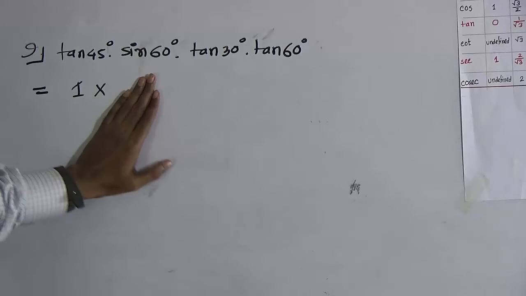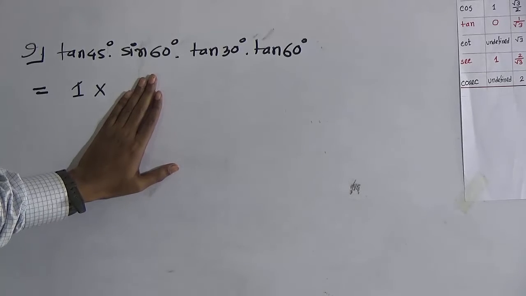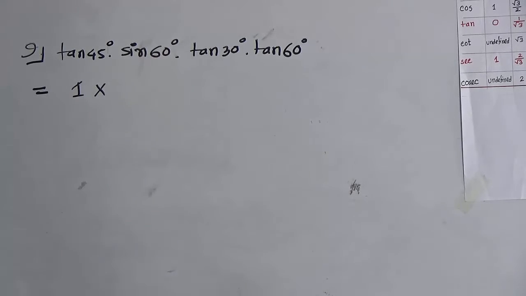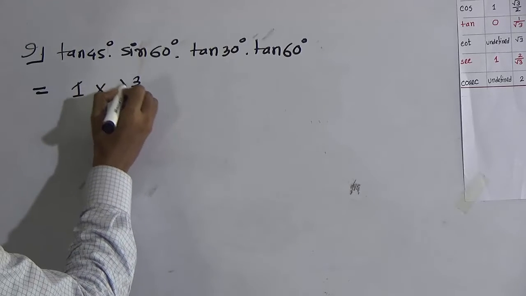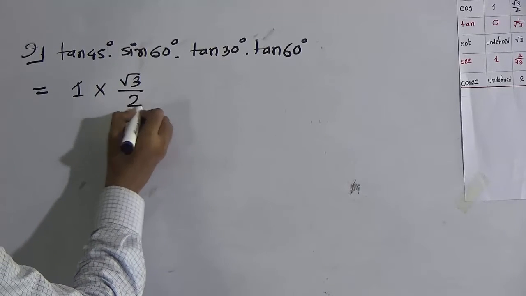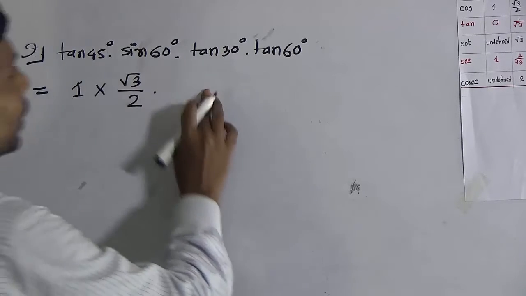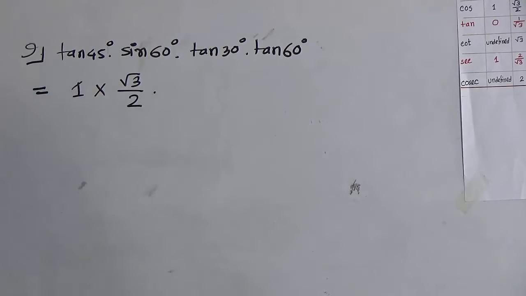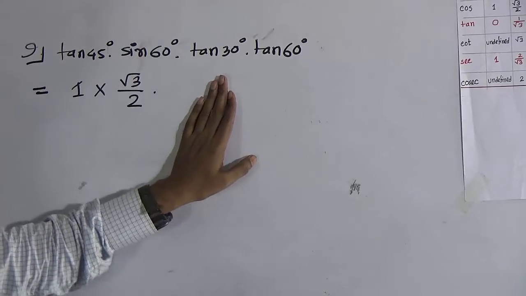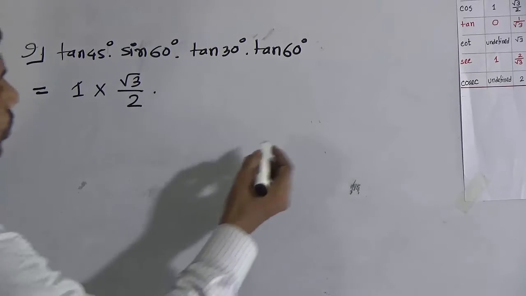You memorize because this is the first series of the table. Sin 60 degree equal to what? Root 3 by 2. And remember sin 30 degree equal to what? 1 by 2. Tan 30 degree equal to what? Suppose we don't know the value of tan 30 degree, then how can we?